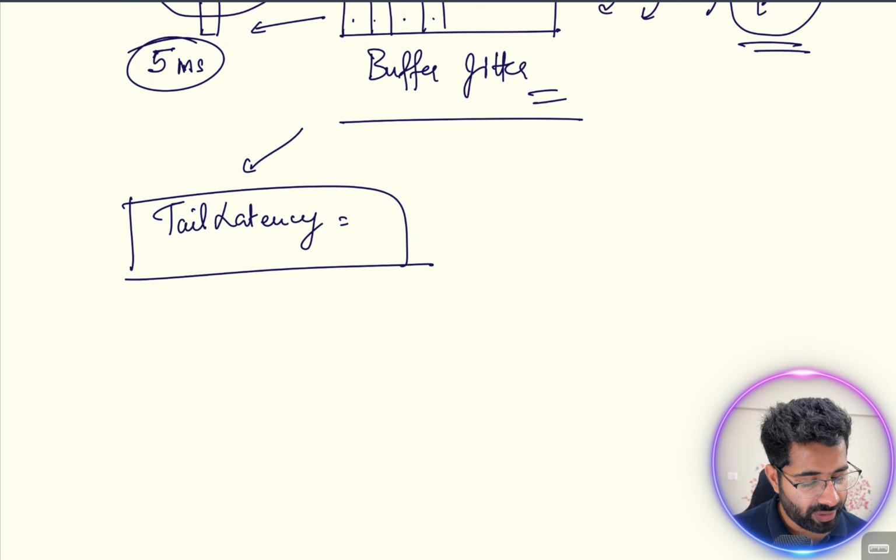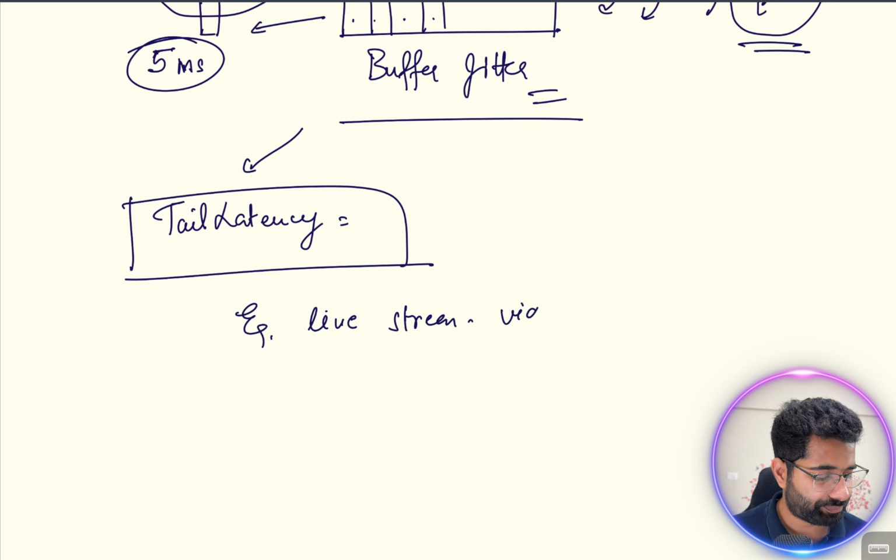Now, where are these buffers used generally? These are used in systems such as live streaming or video conferencing. In these systems, you do not want the system to buffer or have jitters, because the user experience will be bad, right?